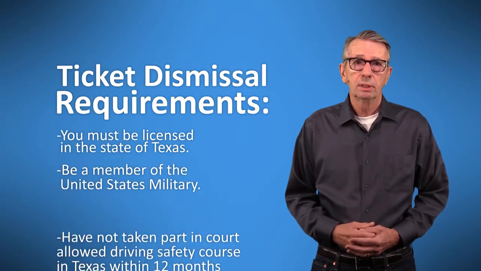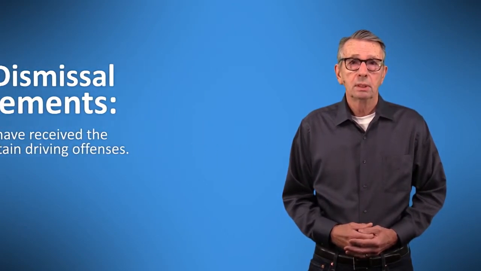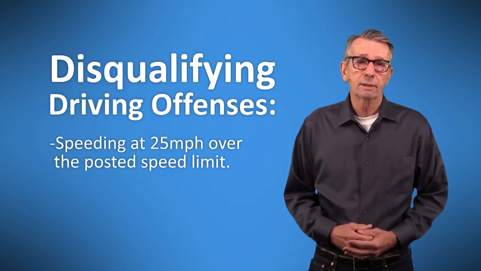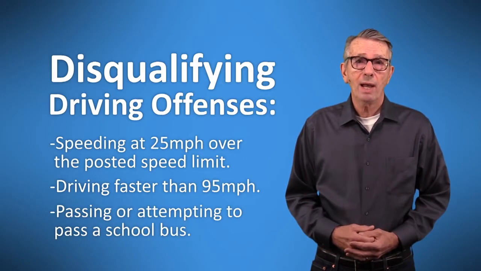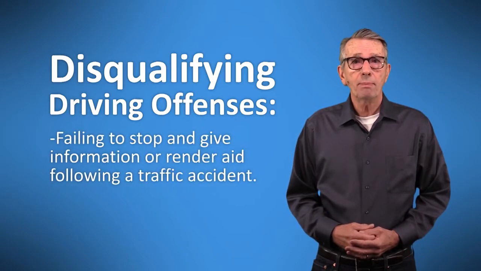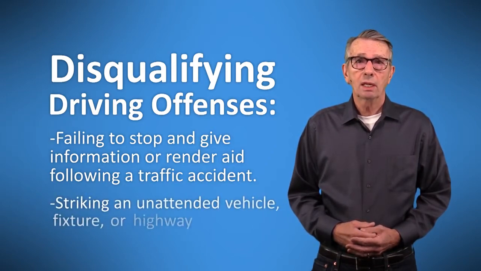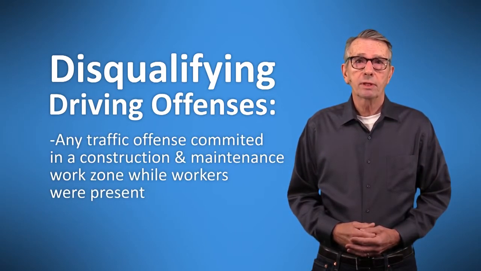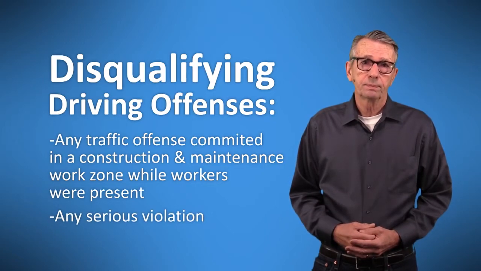You also must not have received the citation for certain driving offenses, such as speeding at 25 miles an hour or more over the posted speed limit, driving faster than 95 miles an hour, passing or attempting to pass a school bus, failing to stop and give information or render aid following a traffic accident, striking an unattended vehicle or fixture or highway landscape, any traffic offense committed in a construction and maintenance work zone while workers were present, or any other serious violation.